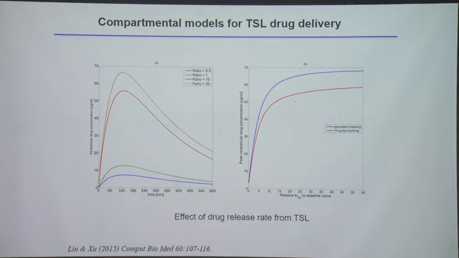It has to be realistic, and this depends on the specific nanoparticle design. So the way we did it was first to look at the literature reporting this particular type of thermosensitive liposome, see the range of the release rate reported by different research groups, identify the range, and then set a baseline value to start off with.